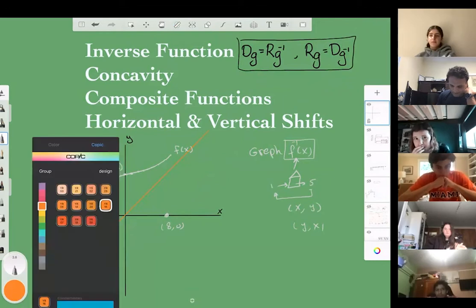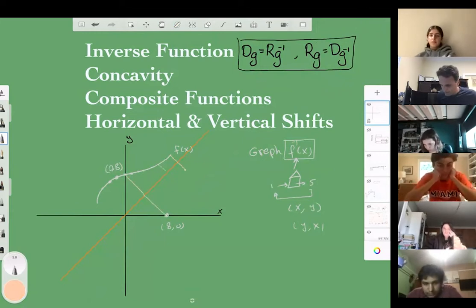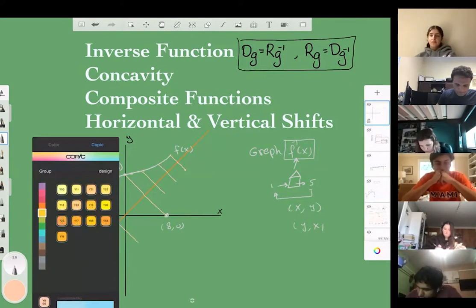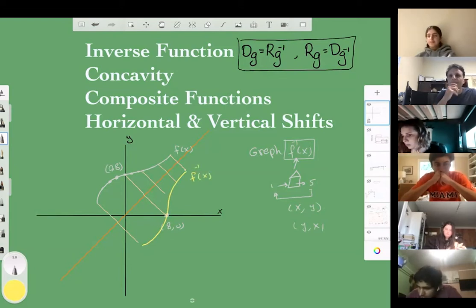Reflected means we're going to connect this one and continue. You're going to connect it and continue. Connect it and continue. So what's going to happen? We're going to have something like this. So this will be f inverse of x.